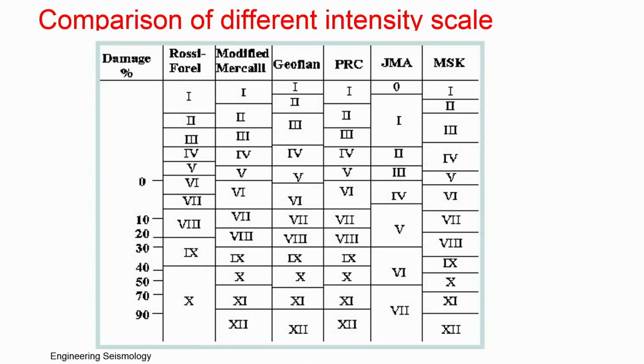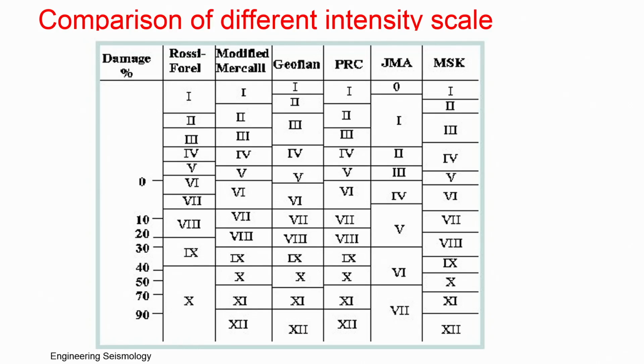Which means if you know the intensity scale from an old earthquake, you can assess the damage. This helps in predicting how much damage can be expected at a particular place if the magnitude of the earthquake is assumed, predicted, or estimated from knowing the seismic source and all, which we will be discussing in detail.